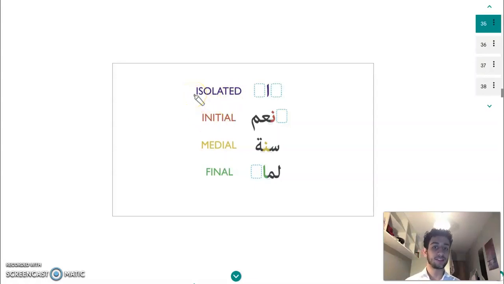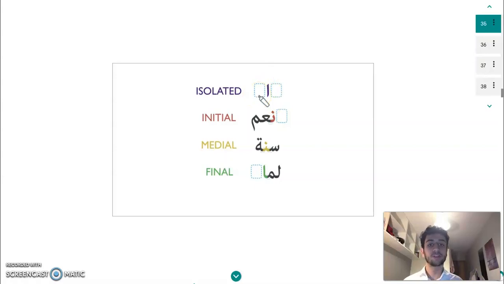The first one is the letter being isolated, just on its own. In this case, we can see the first letter of the alphabet, which is called alif, but we pronounce it as a in the English language. Its isolated form is just a stick by itself.